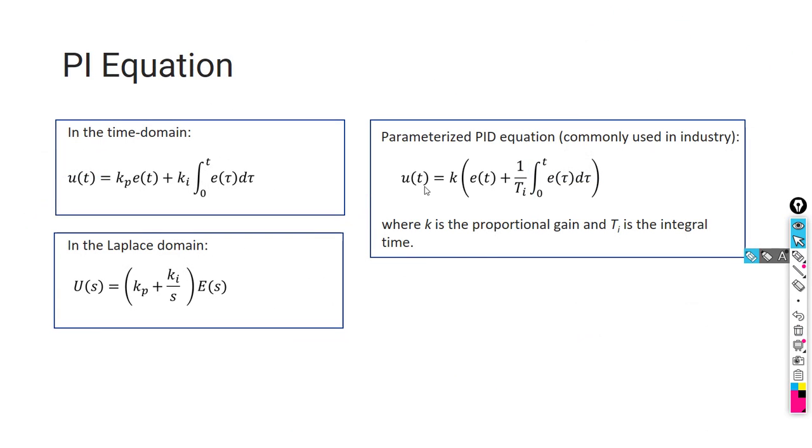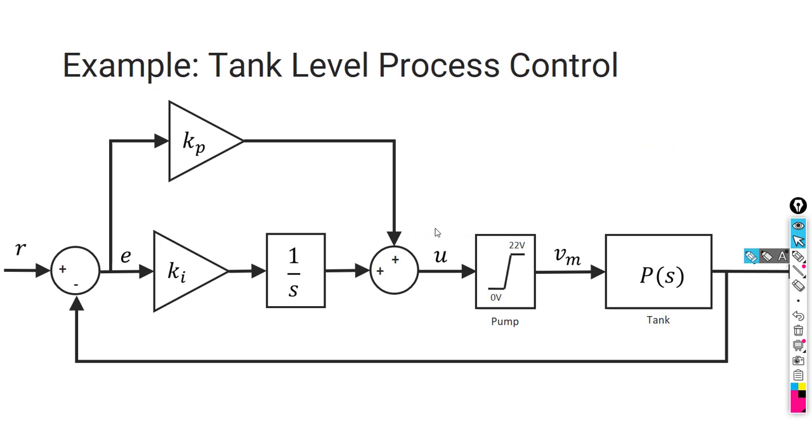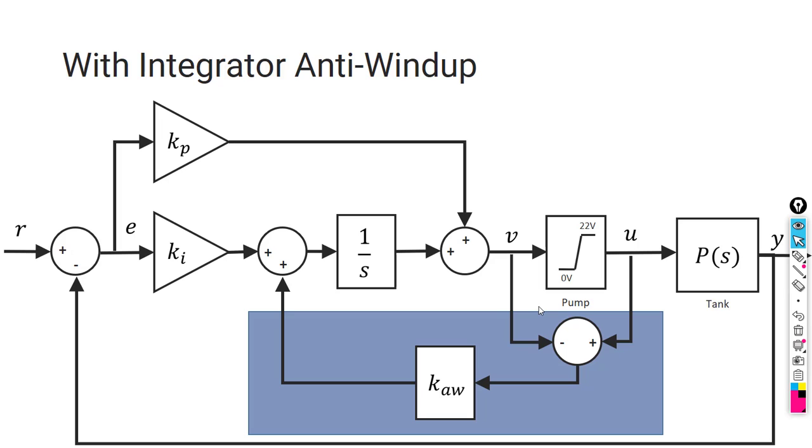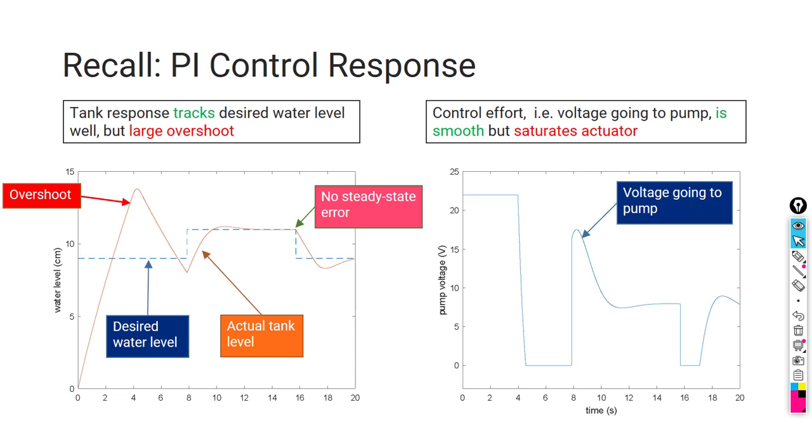We know that's a PI controller, and we could also write it this way, which is most commonly used in industry. Let's see this example of tank level process control, which has a pump that saturates at 0.22 volt, and an integrator with no anti-windup. Recall the PI control response.